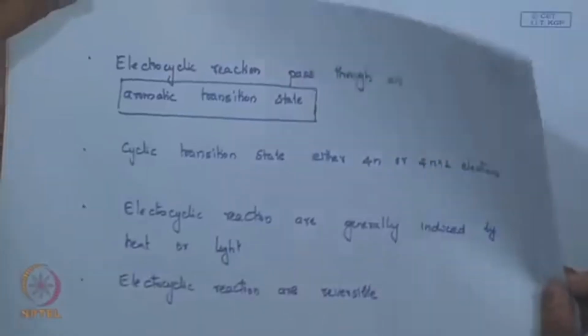Then we said an electrocyclic reaction passes through a transition state that should be an aromatic transition state, and this aromatic transition state involves a 4n or 4n plus 2 electron system. Electrocyclic reactions are normally induced by heat and light, and they are reversible. Mostly if it is a 3-member or 4-member ring, they are highly reversible in nature. So, we will see some examples of electrocyclic reactions.